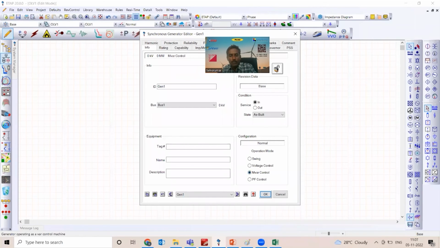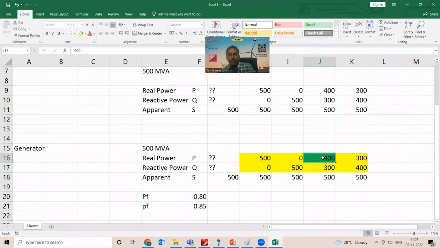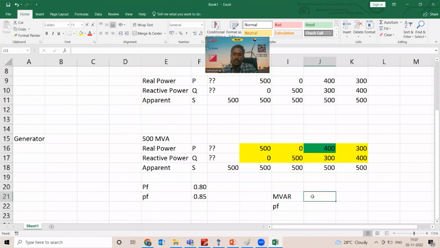For example, going back to this Excel, if 400 megawatt, 300 MVR, I'm putting this generator in MVR control mode with 300 MVR, or I'm putting it in power factor control mode at 0.8 power factor. 400 megawatt at 0.8 power factor corresponds to 300 MVR. So as long as the generator is generating 400 megawatt, it will keep generating 300 MVR.